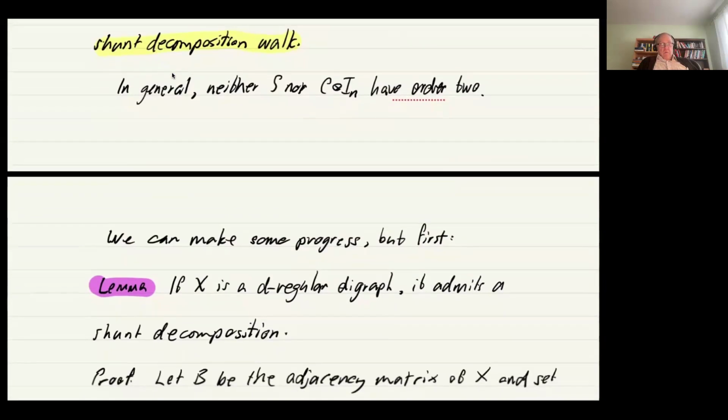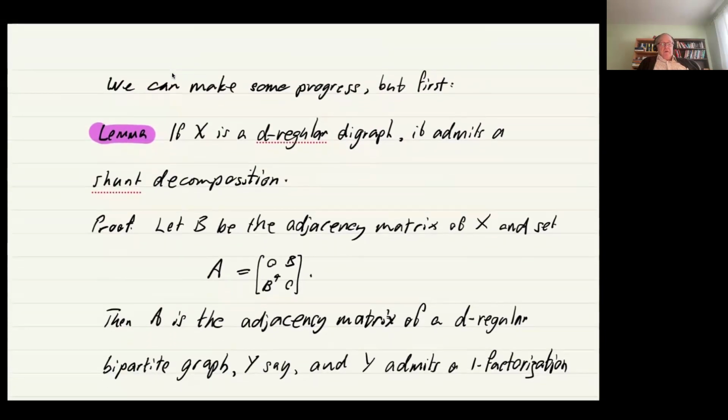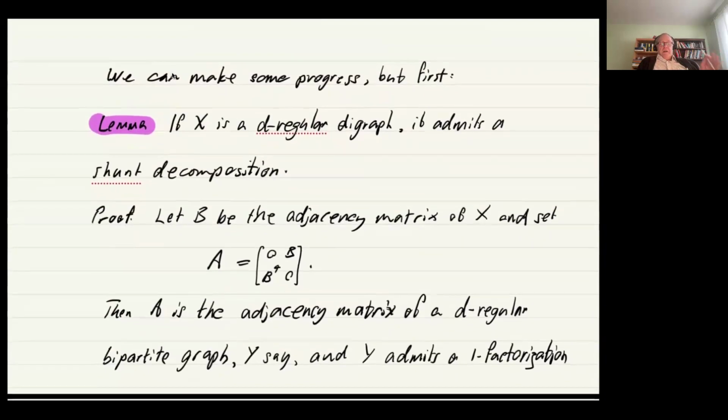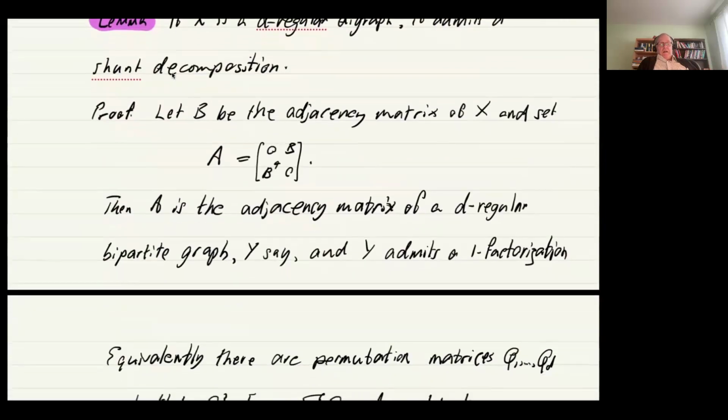But we can make a bit of progress, or at least say something mildly interesting. First thing is, if you have a d-regular digraph, it does admit a shunt decomposition. And so I'm going to use some non-trivial graph theory for the first time in this course. If we let B be the adjacency matrix of our directed graph, then we can construct this matrix A. Now, this is a 0-1 matrix, so A is actually the adjacency matrix of a bipartite graph.